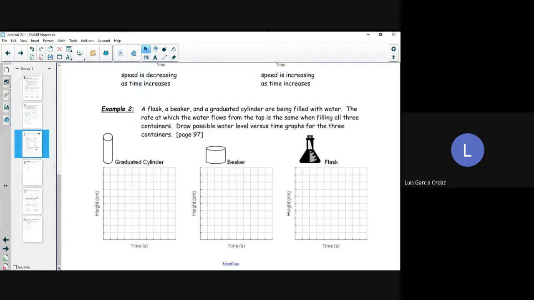So a flask, a beaker, and a graduated cylinder are being filled with water. The rate at which the water flows from the tap is the same when filling all 3 containers. Draw a possible water level versus time graph for these 3 containers.